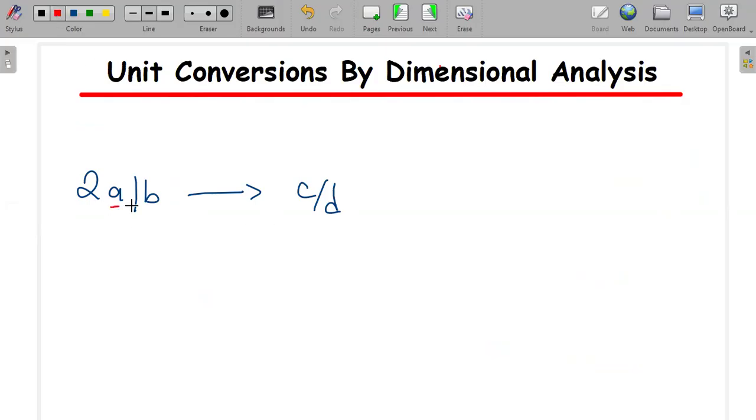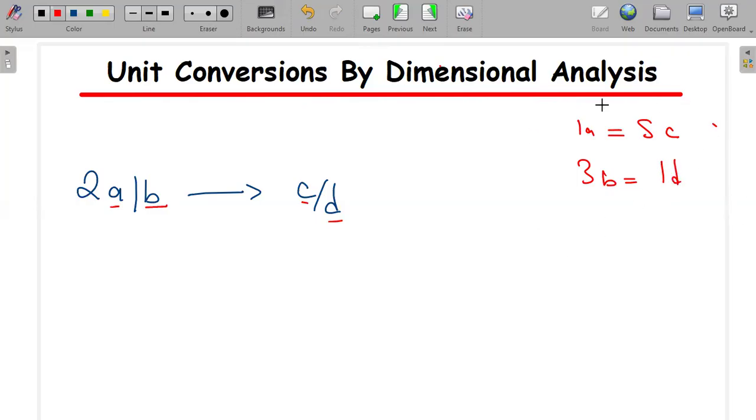The one that converts A to C and the one that converts B to D. So let's say 1A is equivalent to 5C. And then also 3B is equivalent to 1D.